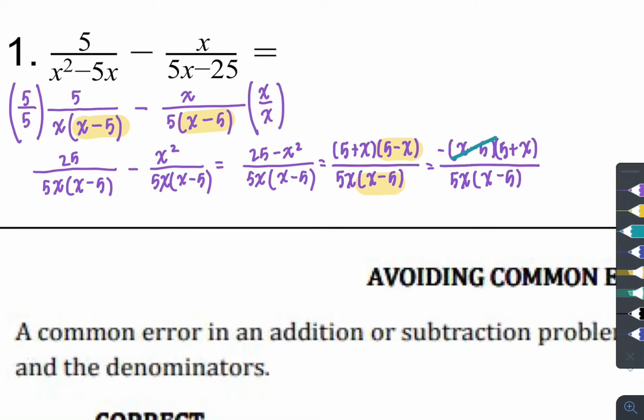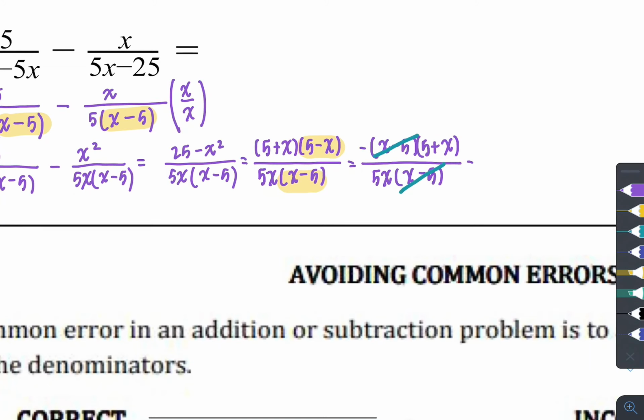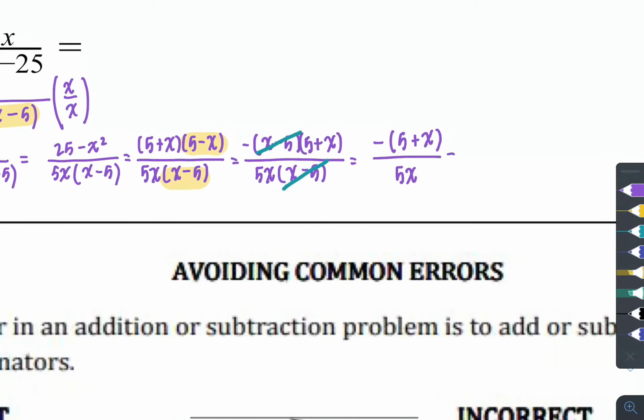So then we are able to cancel these. And so we are left with negative 5 plus x over 5x. If you want, you can go ahead and write that out as negative 5 minus x over 5x. That last step there is unnecessary, but cleaner.